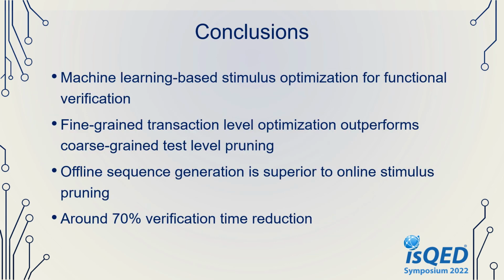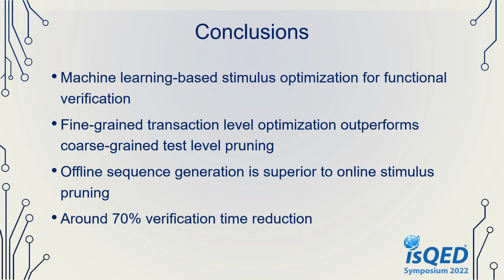So here are the conclusions. We can see that machine learning models indeed help accelerate the functional verification. We also show that it is important to consider fine-grained transaction level optimization because in some cases, they significantly outperform coarse-grained test level pruning.